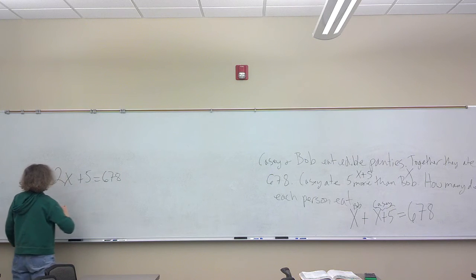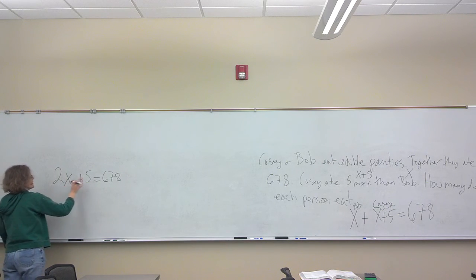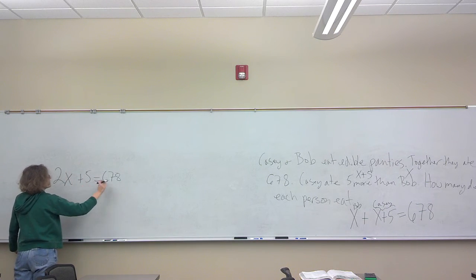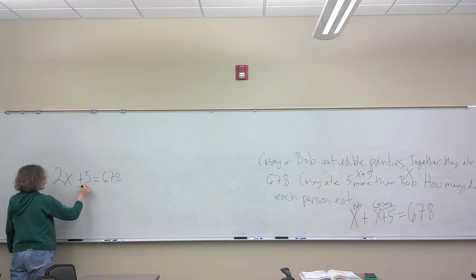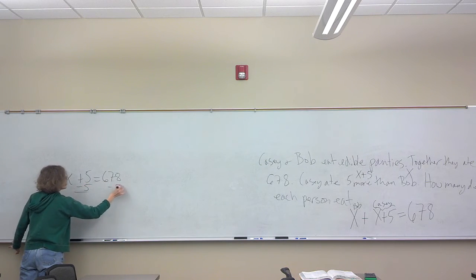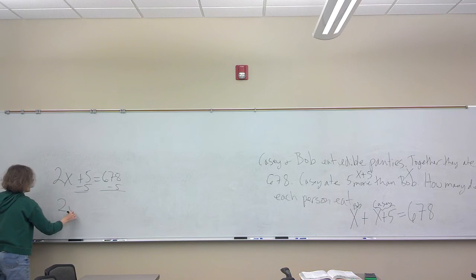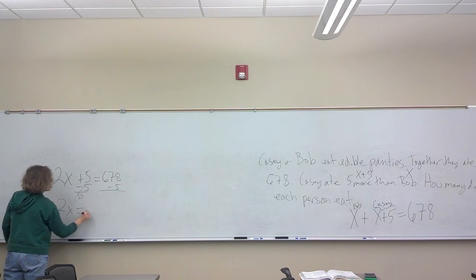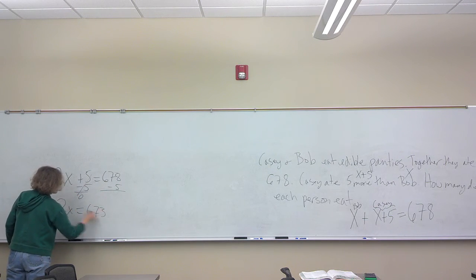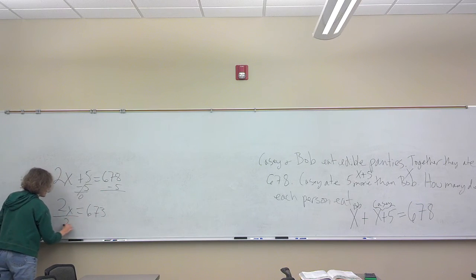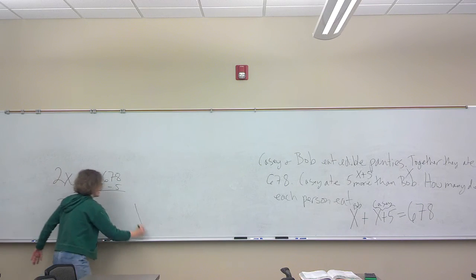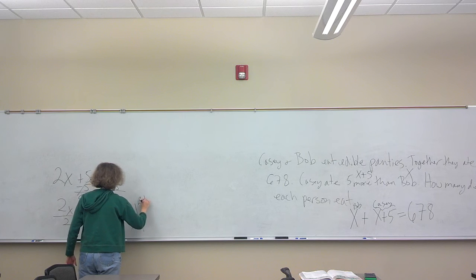Oh, it's going to be a decimal. So I got x and a variable, or x and a constant term, and then a constant. So I want to move this 5 over. So I get 2x. This term's gone. Equals 673. Divide by 2. So x, that's Bob. He ate 336.5.